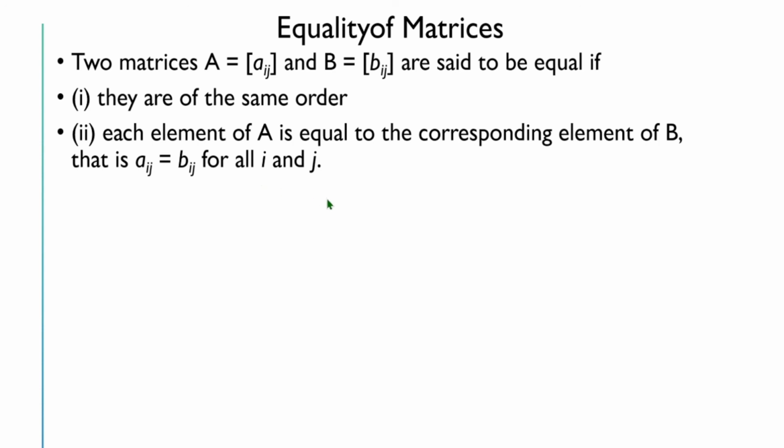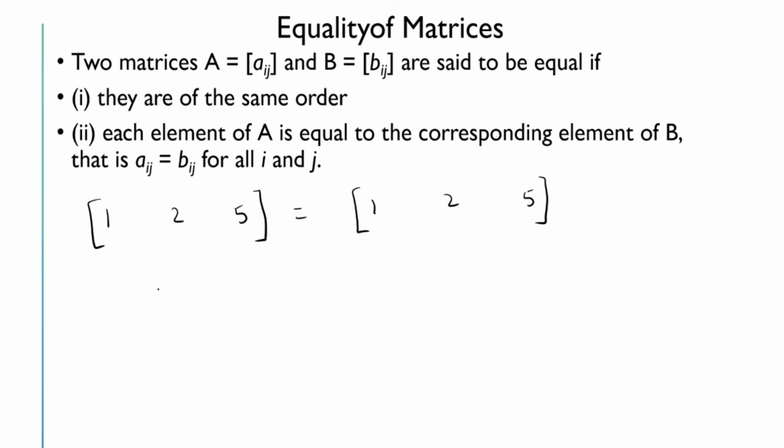So we call two matrices equal if they are of the same order and if each element of A is equal to the corresponding element of B. For example, we can say the matrix 1, 2, 5 is equal to 1, 2, 5. So their order should be same and each element should also be equal. Here 1 equal to 1, 2 equal to 2, 5 equal to 5.